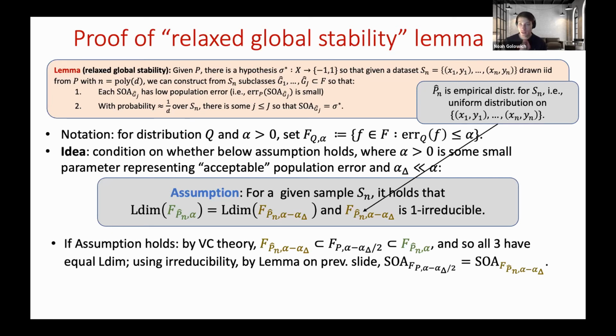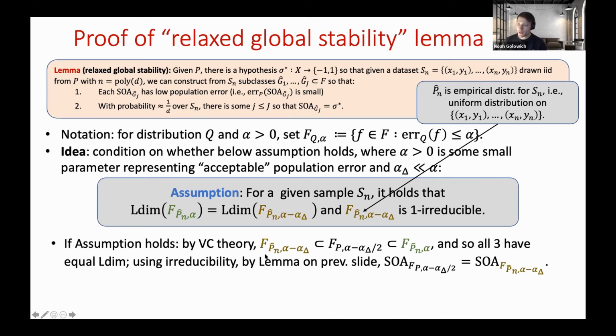So let's first consider what happens if this assumption holds. At this point, we can actually use a result proven by Vapnik and Chervonenkis, namely that of uniform convergence. So in particular, by VC theory, we have the following inclusion of hypothesis classes.